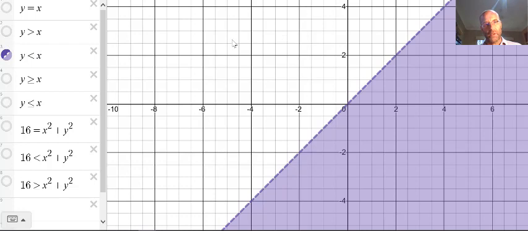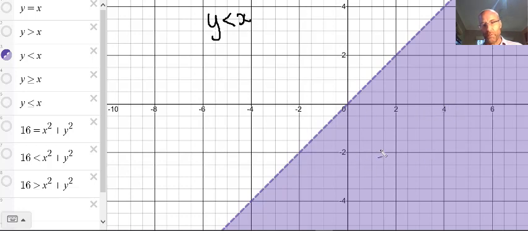Now you can always do a test point to check whether you have shaded in the correct region. So if y is less than x, like this one, oh, I've got white ink here, that's pretty much invisible to you. Let me check that. Okay, we'll try again. So we've got y is less than x. Now let's use a test point that's in the region there.